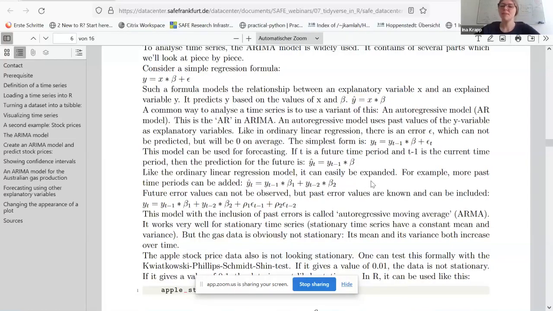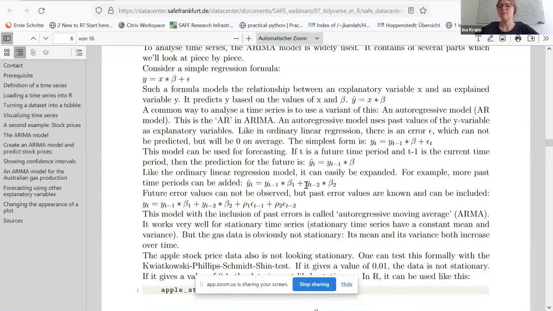There's one more thing we can do that we cannot do in ordinary linear regression, which is to include past error values. Because if we have a model that gives us the relationship between the current y and the past y, we can use the same model to model the relationship between the y from last season and the y from the season before.